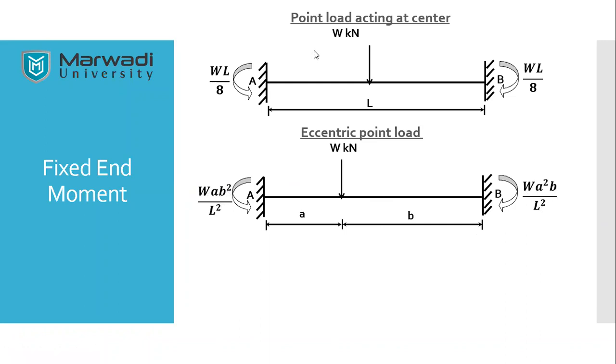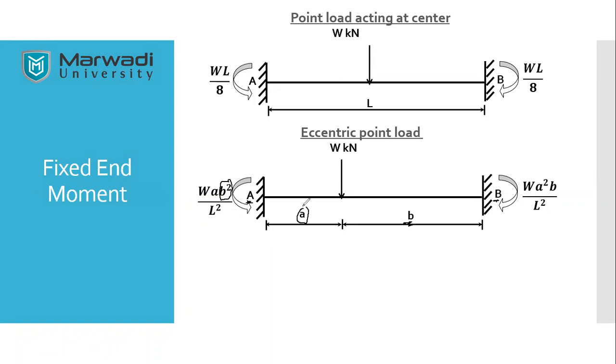How will you remember this? When I am doing end A, I need to look at the opposite span. What is the opposite span? It is B, so I will be squaring that term. Similarly, here I am going for end B. Which is my opposite span?